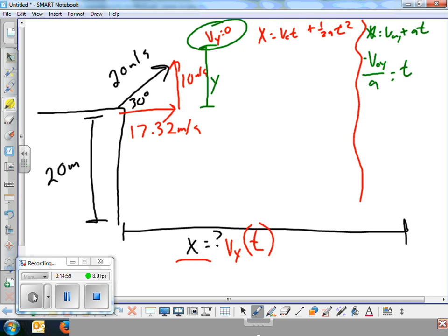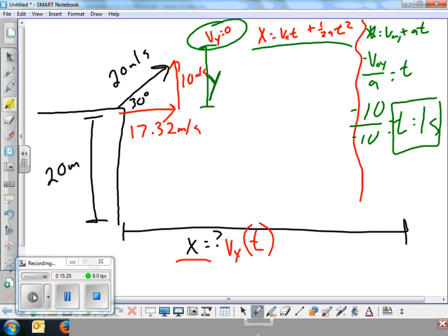And if I'm looking for height, I'm going to try to clear a fence or something like that, then I need to know that. Okay, so in this case, it's 10, or negative 10 divided by negative 10. The time to get up there is 1 second. Okay? And so now, I can use this number of ways.